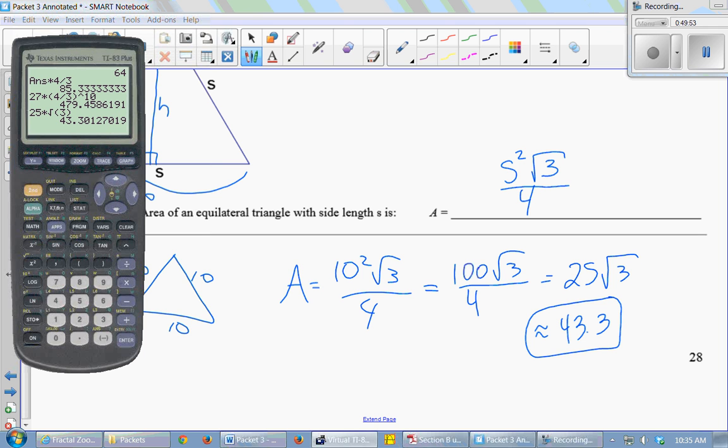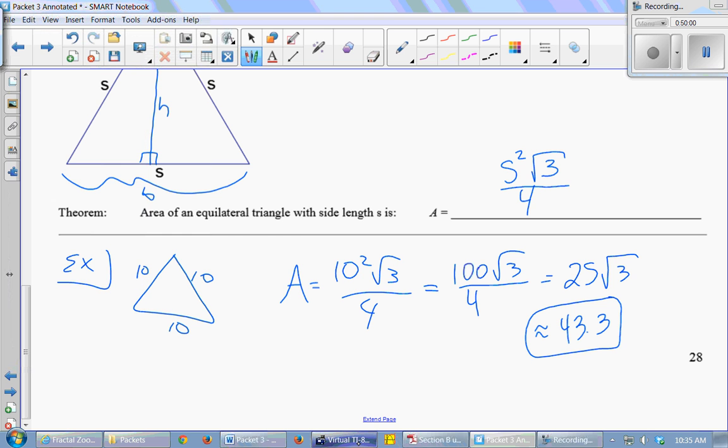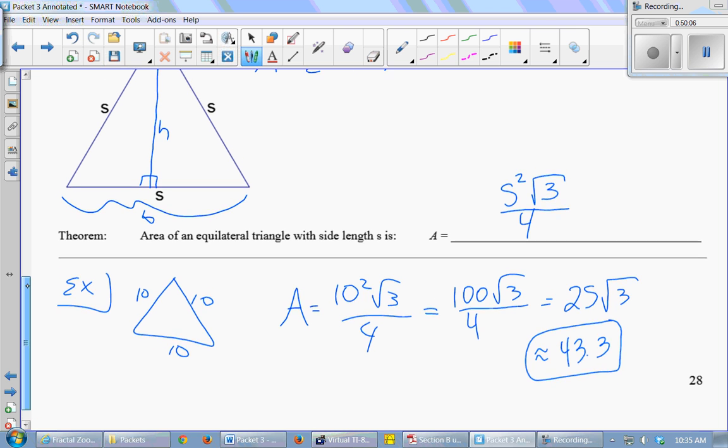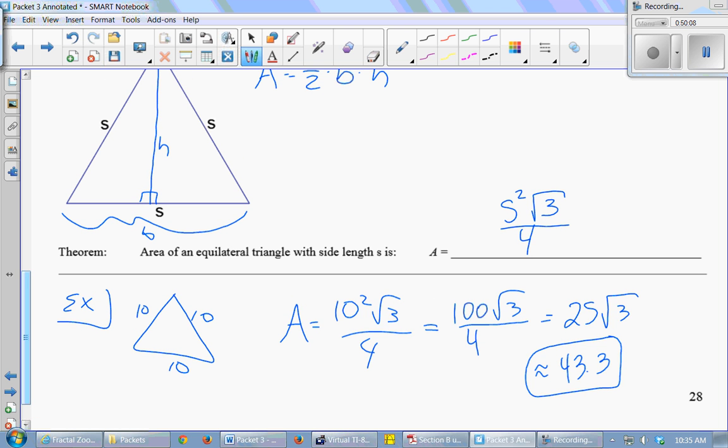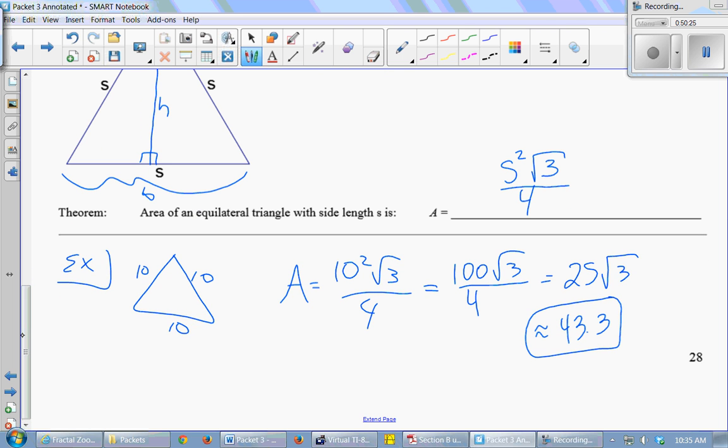No, that's your area. It's not height, that's the area. Typically, for most of you in all of your previous math lives, you used 1/2 base times height to find the area of a triangle. I'm giving you an alternate way of finding it that works only for equilateral triangles. But because that's the only kind of triangle we're dealing with, this is a helpful formula for us. All right, so does that make sense?